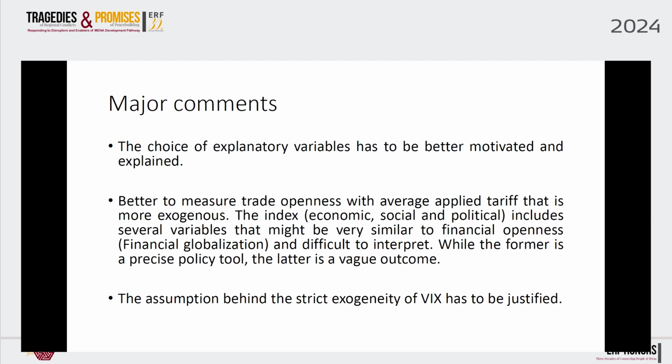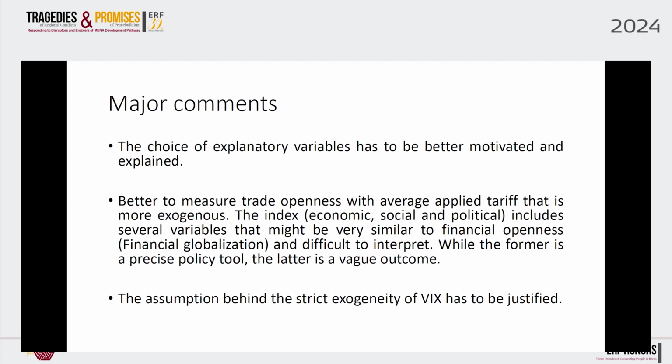And since I also work on trade, I think instead of including trade openness as exports plus imports over GDP, which is an outcome variable, it's better to use the tariff, the average applied tariff, for instance, or the MFN tariff, a tariff variable. Why? For two reasons. First, even if tariffs might be endogenous, at least they are less endogenous than exports and imports over GDP. And on the other hand, it's a policy variable, and it will really help explain the role of trade policy when it comes to financial integration.